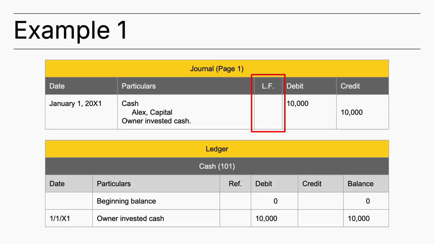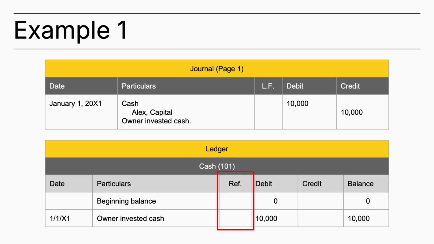This shows the ledger account number where the entry has been posted. For example, if the cash account has account number 101, we write 101 in the LF column next to cash in the journal. If the capital account has account number 301, we write 301 next to capital.